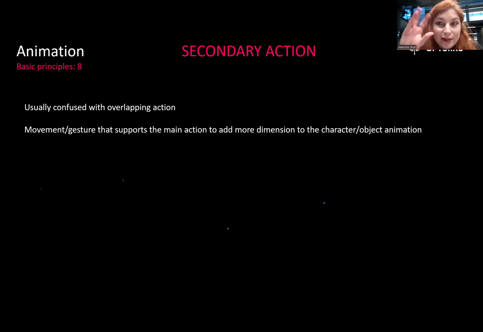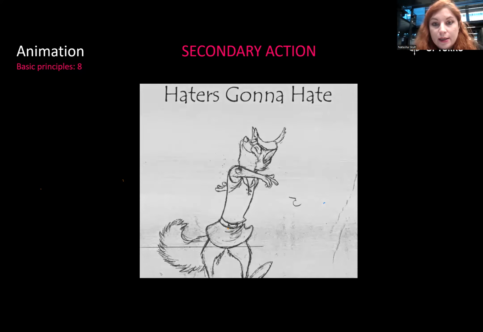So now you can understand why this could be easily mistaken for anticipation, for overlapping, for many other things. But basically, this is adding more dimension to the object. So we are giving it more characteristic, like really not just believability, we're giving it more unique voice. Now, let's see what that looks like.